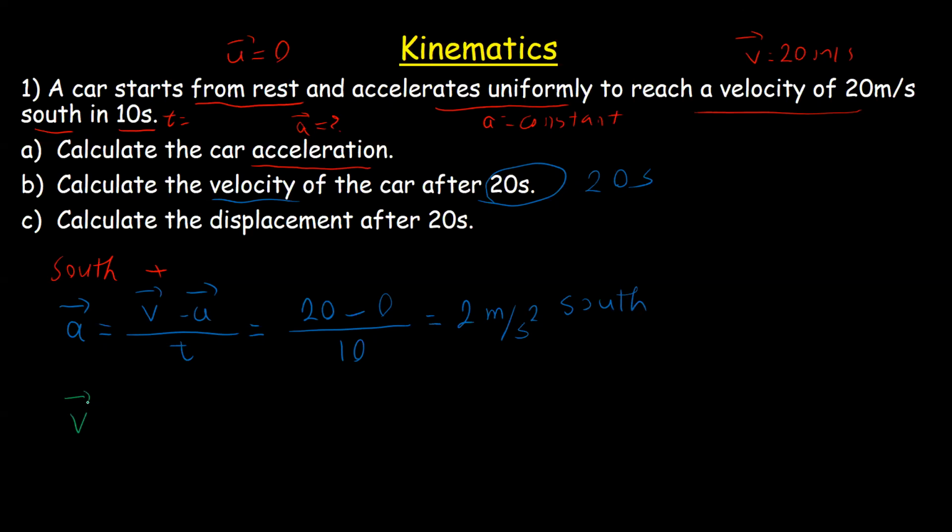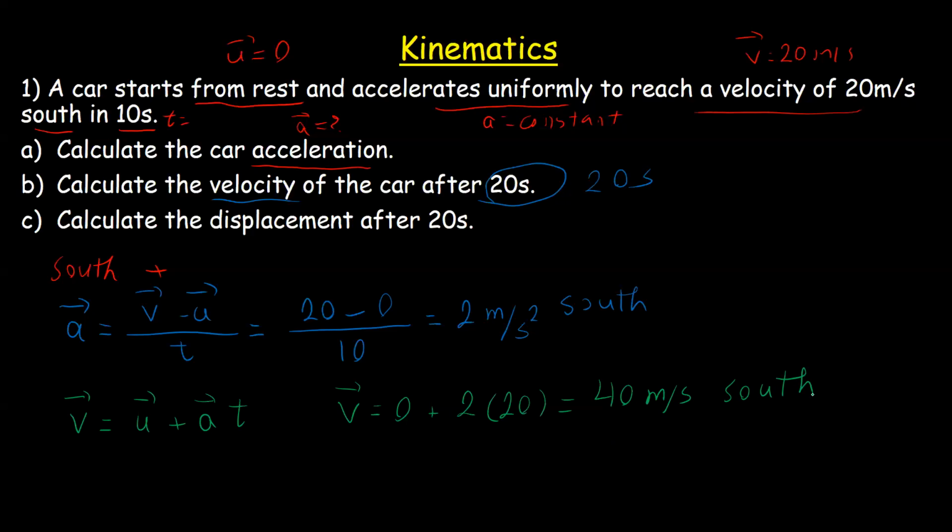So we can use the formula v equals u plus at. v is what we need to find. u is the initial velocity, that is 0, plus a that we just calculated is 2, and time, because it asked after 20 seconds, I put 20. So v equals 40 meters per second, and as it's positive, the direction again is south.